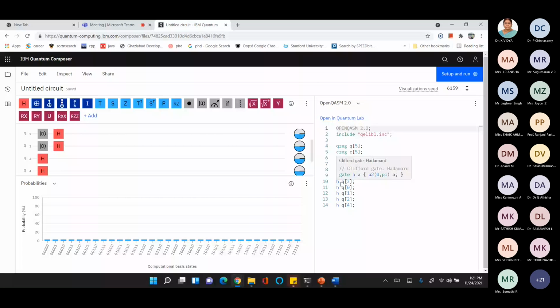Let's suppose I am handling 100 qubits, so I cannot drag and drop these 100 gates manually one by one. So I need some kind of loop structure or some kind of high level programming interface to write my quantum program or applications. Those are supported in this Qiskit.